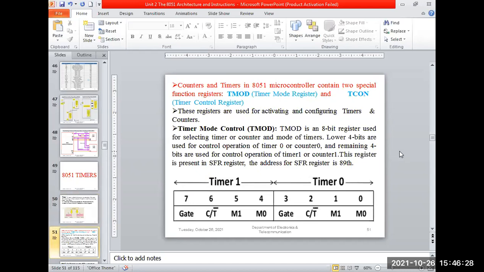Next, write down. To control these timers, we need two SFRs, that is special function registers, TMOD and TCON. To control the timer operation, two SFRs are used.